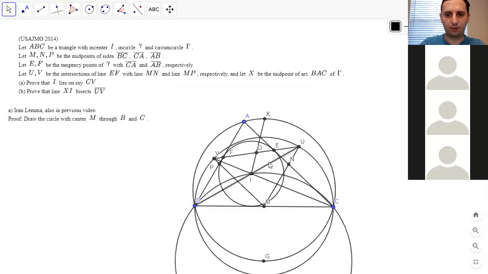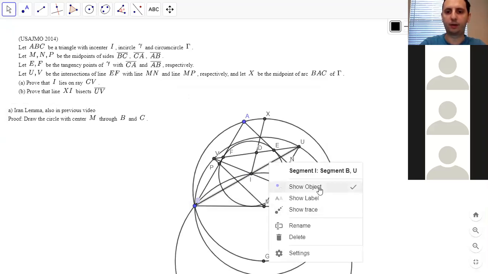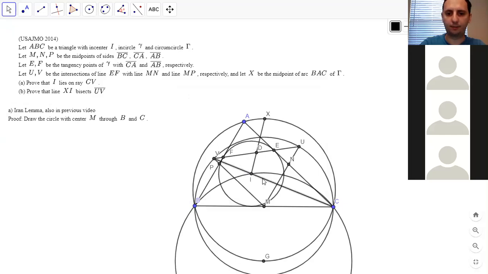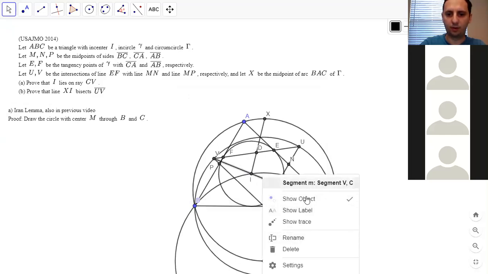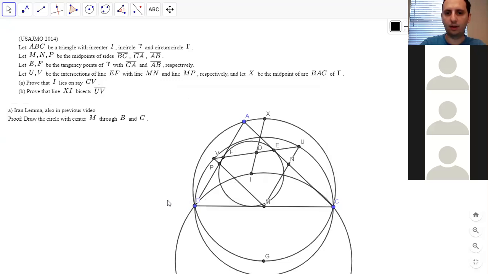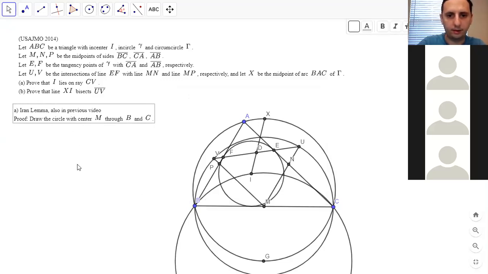Basically, that's what the Iran lemma says. It says BI and U are collinear, and also that BUC is 90. So then let, or actually, do we let EF intersect the circle at U prime?